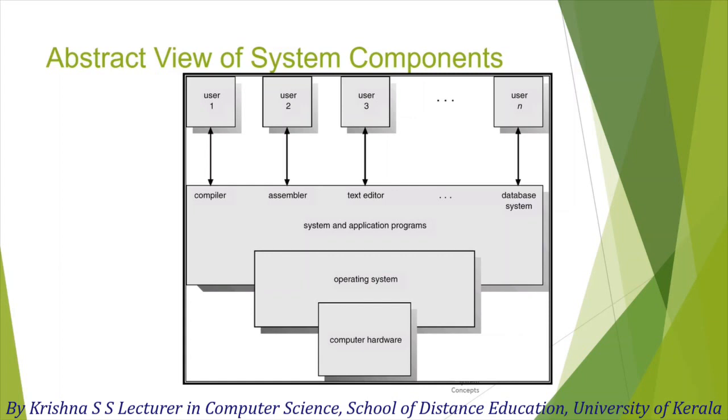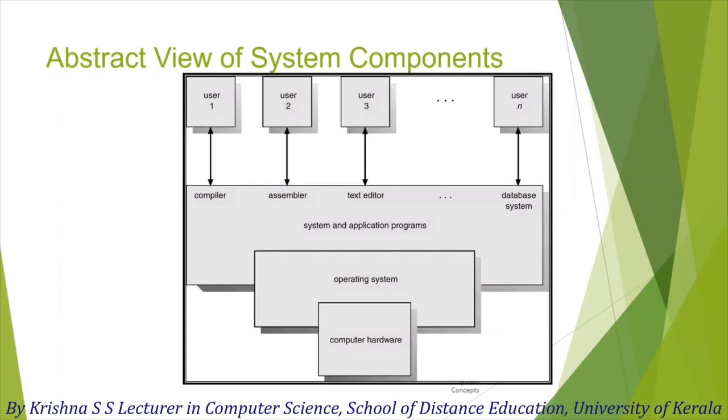A lot of system and application programs will be running at the same moment, and the operating system is managing all these application programs and system programs. It will fairly allocate the system resources, that is computer hardware, to the end users or the requesting application programs.